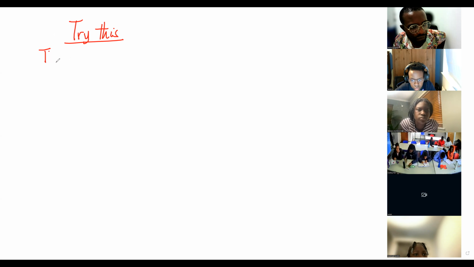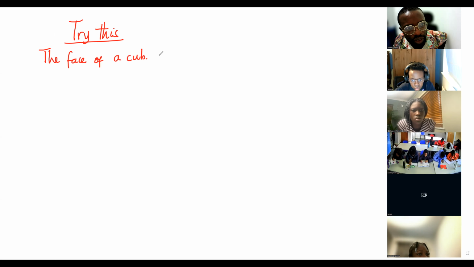Okay, the face of a cube is 10 centimeters.